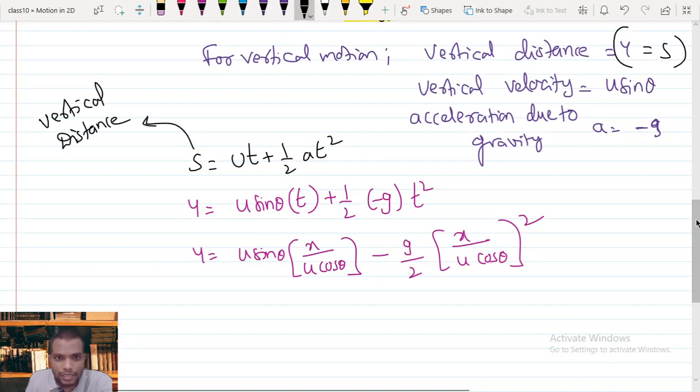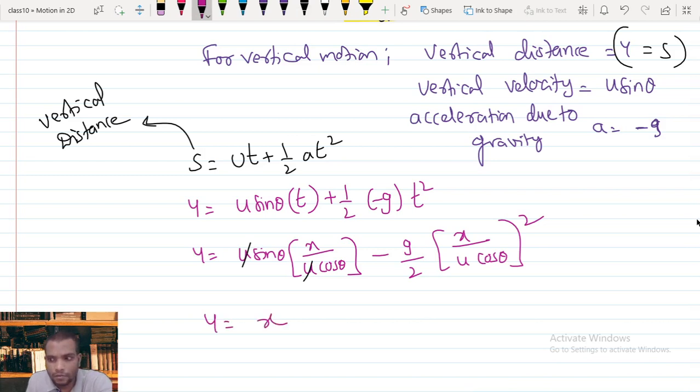So here u gets cancelled and the expression becomes y equals x tan theta, since sin upon cos gives tan, minus g times x square upon 2u square cos square theta. Oh, it's a very big mathematical expression.